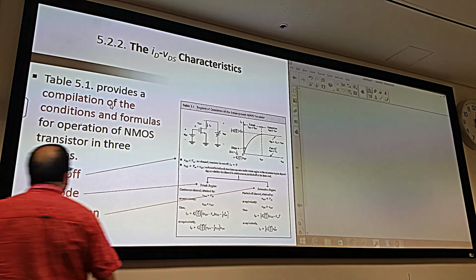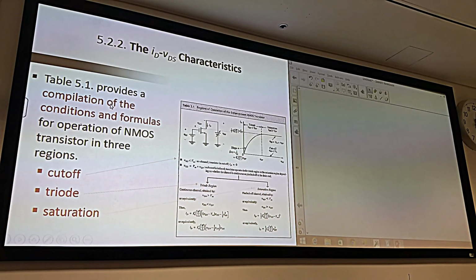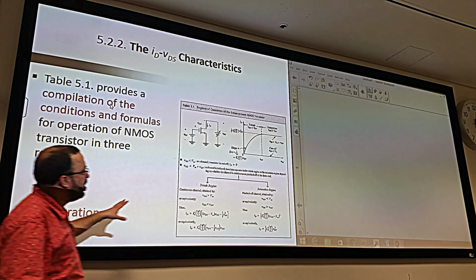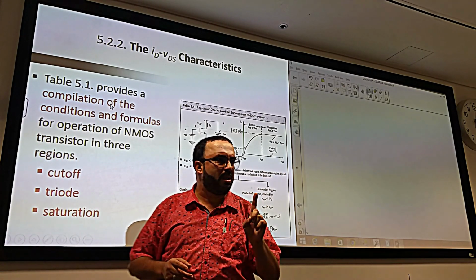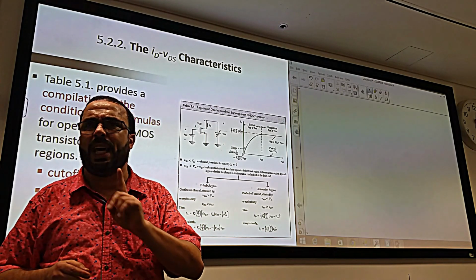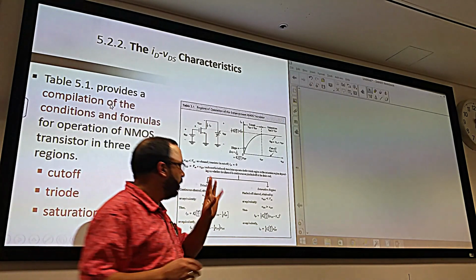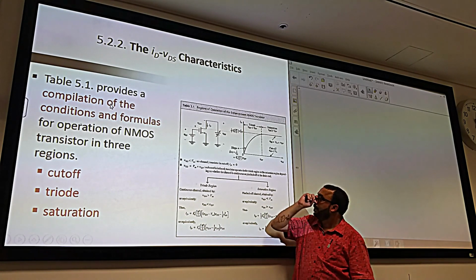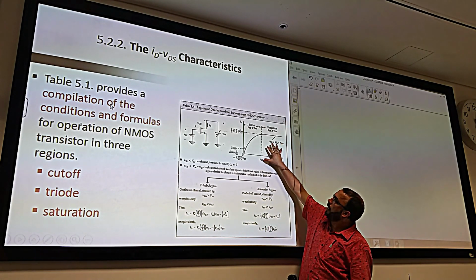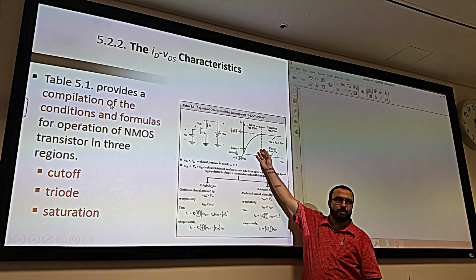So now it's recap time, or almost recap time. Here are the regions of the MOSFET, and specifically NMOS. So far we are studying NMOS. When we study PMOS, that's a little bit of a kick. We have 3 regions in the IV characteristic of the MOSFET.